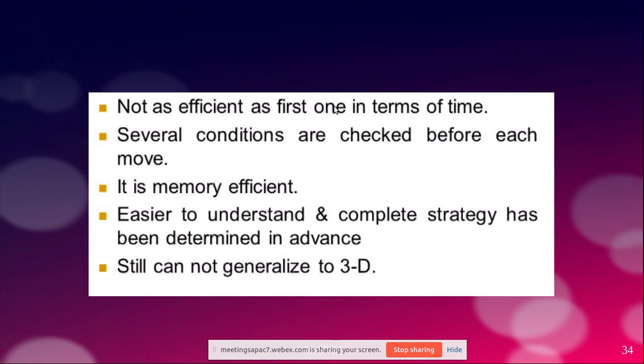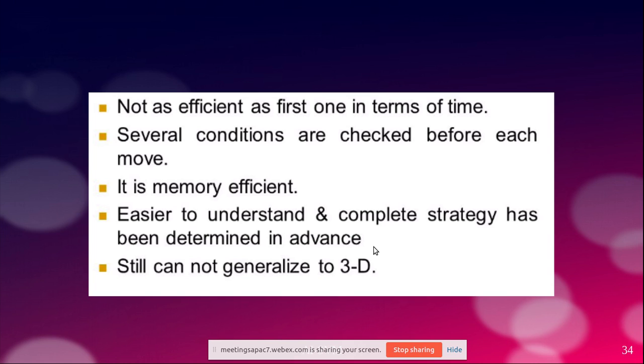It's better than the old model. Only eight conditions have to be checked before moving. So it is memory efficient. You need to work with only 8 options. But it is not possible to get into 3D. I don't know how this whole thing can be moved into a 3D version.